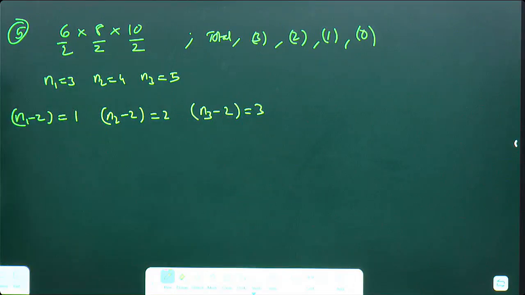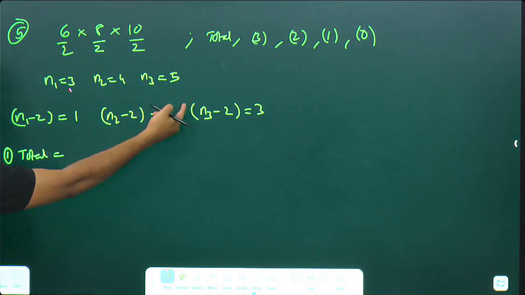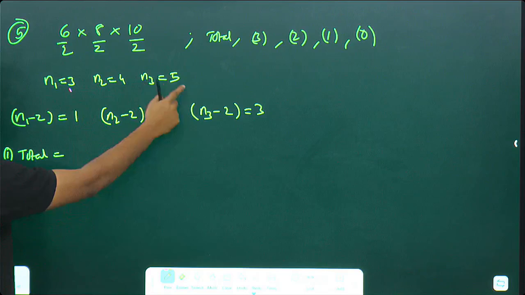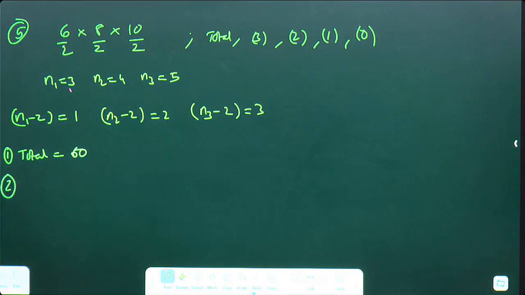So total first I need to find out. Total formula is n1 into n2 into n3, which means 3 into 4 into 5, which is 60. Second, three surfaces painted. Three surfaces painted is always 8.